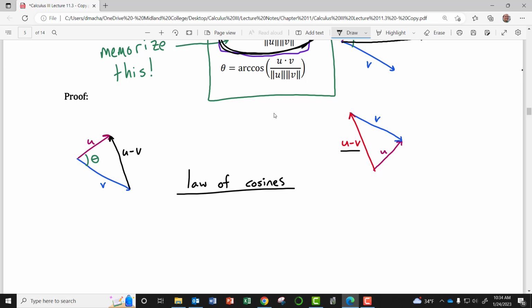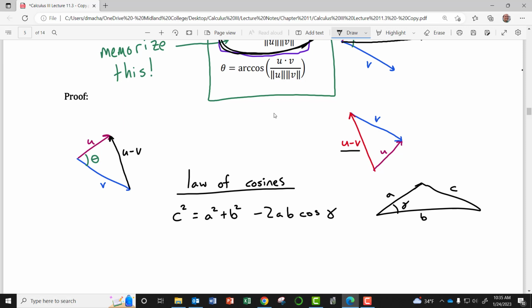What the law of cosines says is that if you have some triangle, let's label the side lengths a, b, and c, and the angle across from side c is my angle gamma. Then c squared is equal to a squared plus b squared minus 2ab cosine gamma.